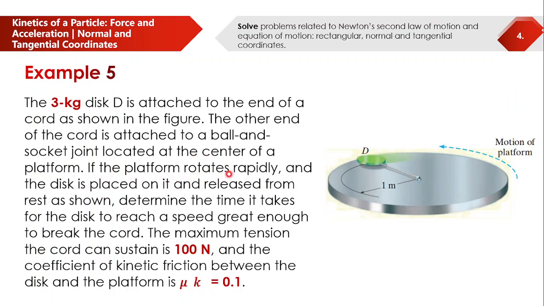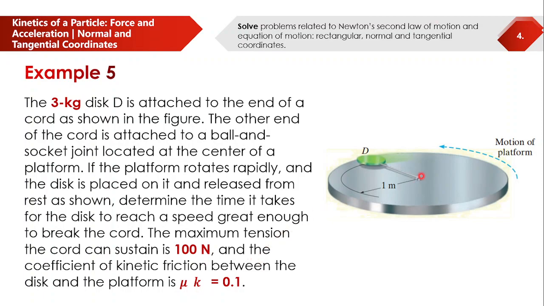If the platform rotates rapidly and the disc is placed on it and released from rest as shown, determine the time it takes for the disc to reach a speed great enough to break the cord. Okay? The maximum tension the cord can sustain is 100 Newton. And the coefficient of kinetic friction between the disc and platform is mu sub k equals 0.1.